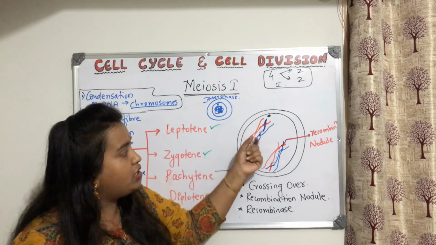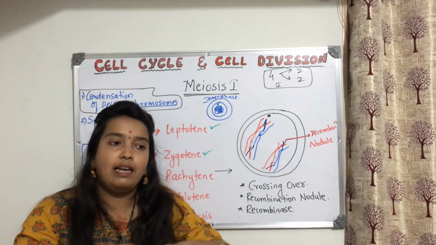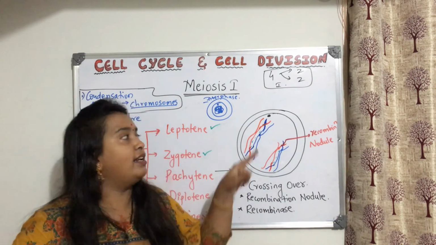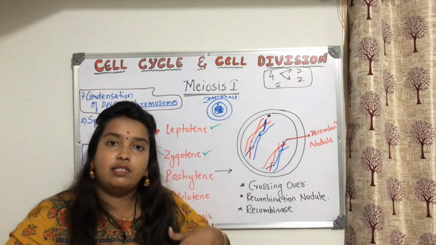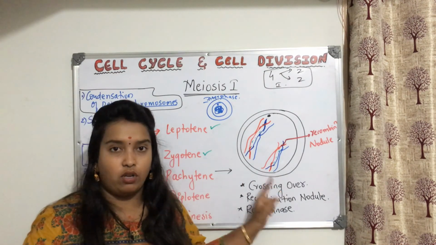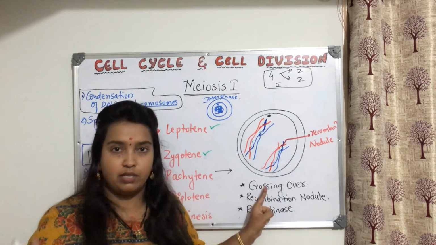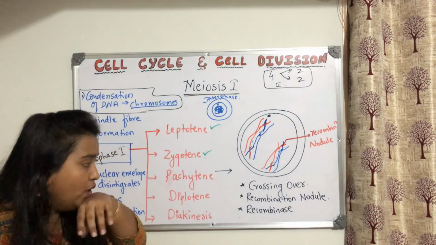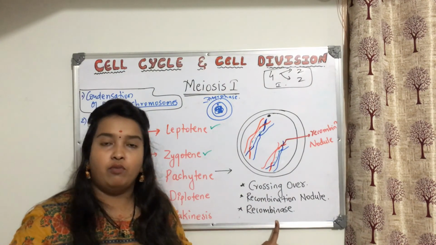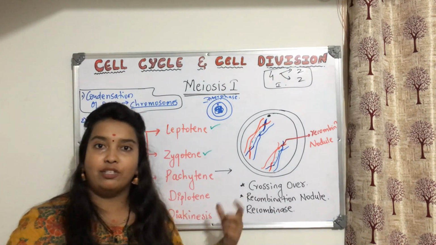Wherever they have crossed, this particular paternal chromosome will lose its segment and it is attached to the maternal one, and the maternal will lose its segment and it is attached to the paternal. Already we have discussed crossing over. Please watch the previous video if you are not understanding it here.